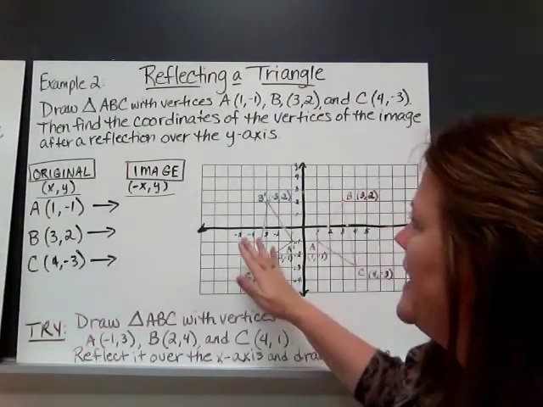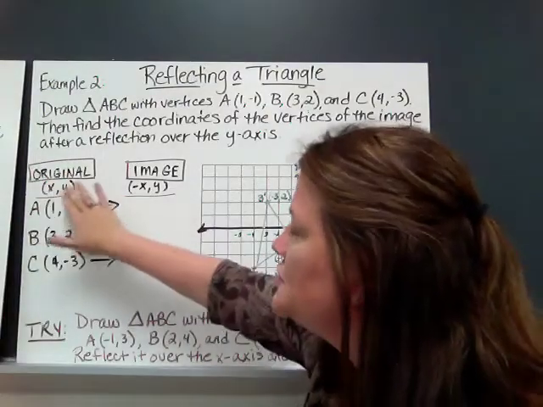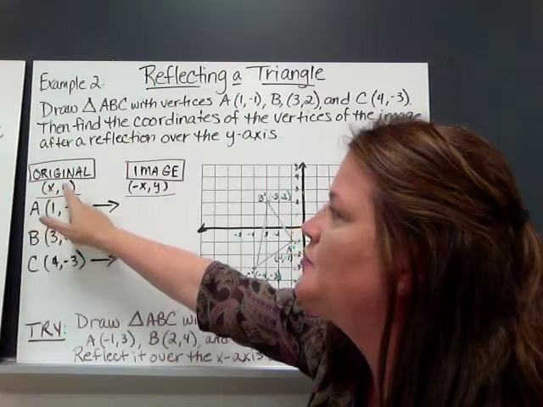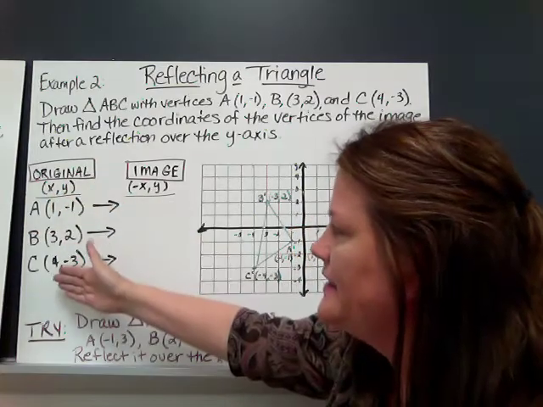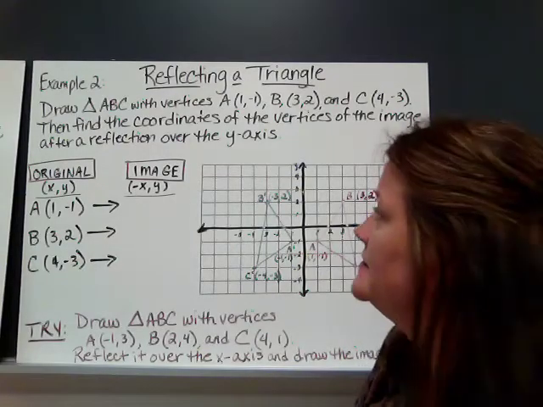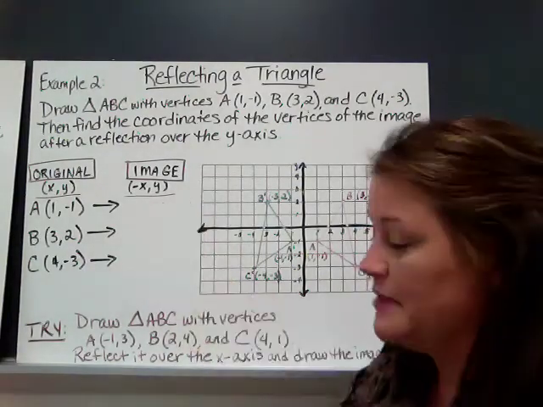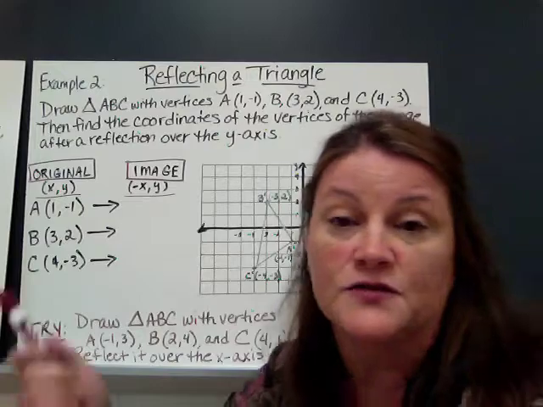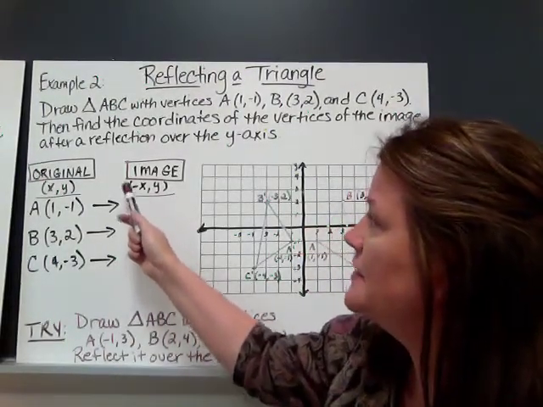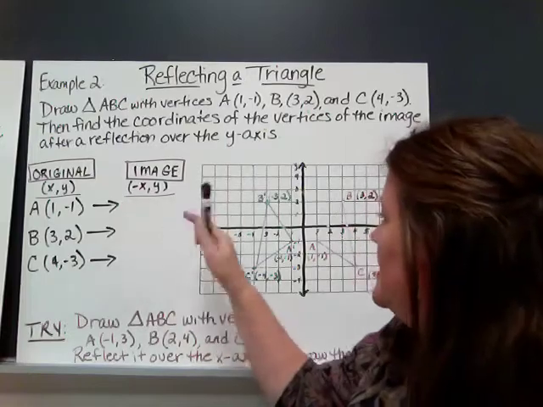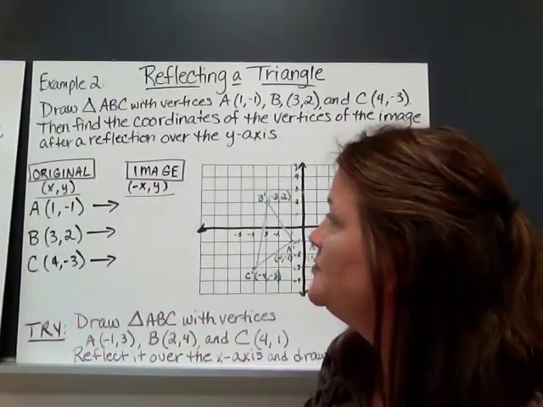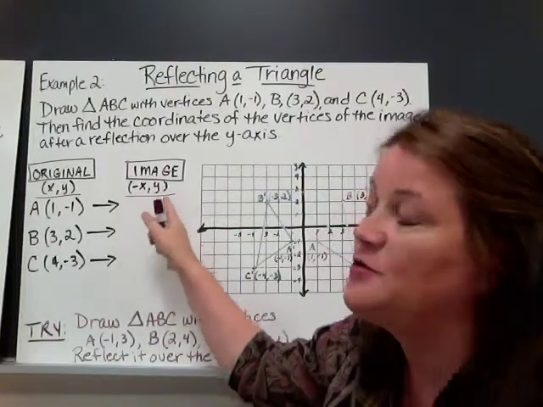So when we do that, we know that the original figure has these coordinates for its vertices, x, y, and they're listed right here. And they correspond right here to the figure that we just looked at. And now I want to look at the image. And it looks like the coordinates for the image, we know that we change the x-coordinate to the opposite when we reflect over the y-axis. So the image's coordinates are going to be -x, y.